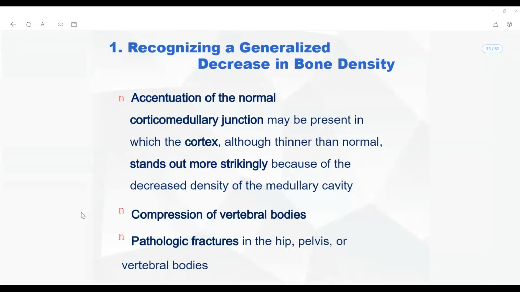In all those tissues, this causes compression fractures. Remember, in osteoporosis, wedge compression fractures are the characteristic feature.